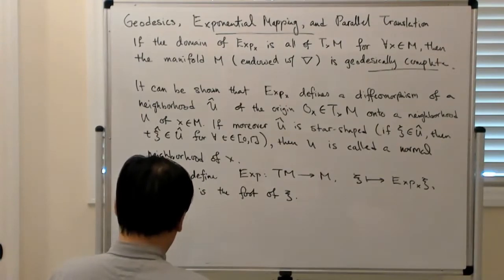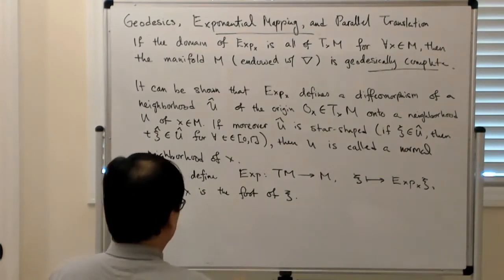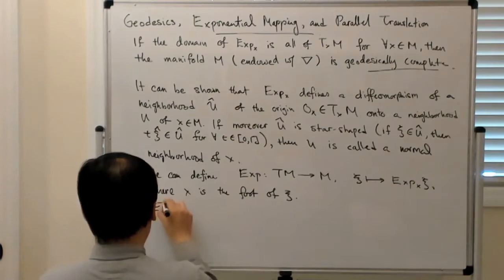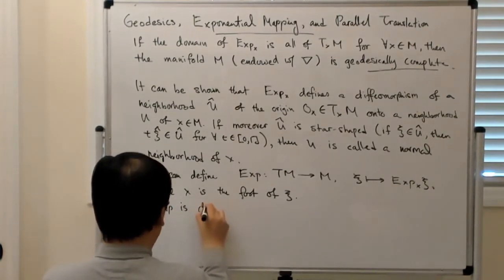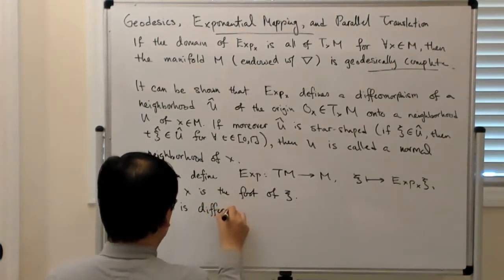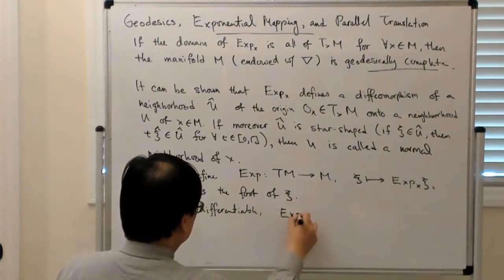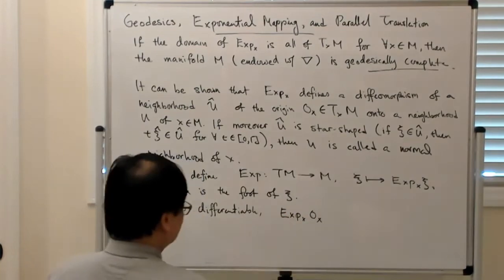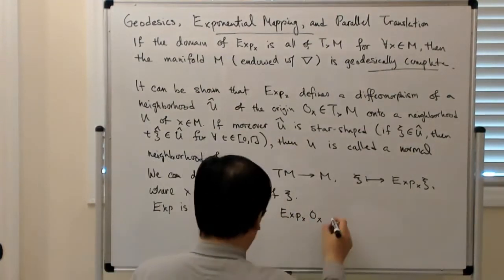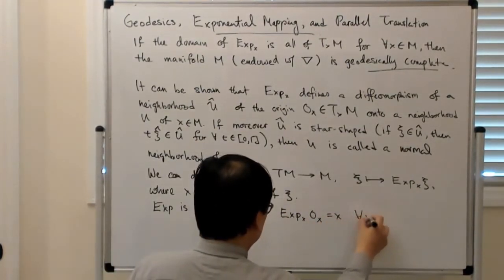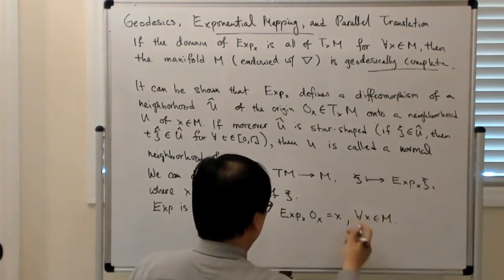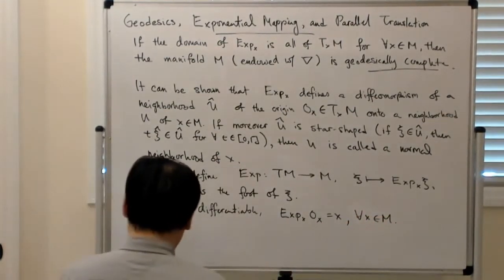And then you can check that it is differentiable, and as before, that if you take the exponential applied to the 0 vector, you get x for all base points, feet x in the manifold.